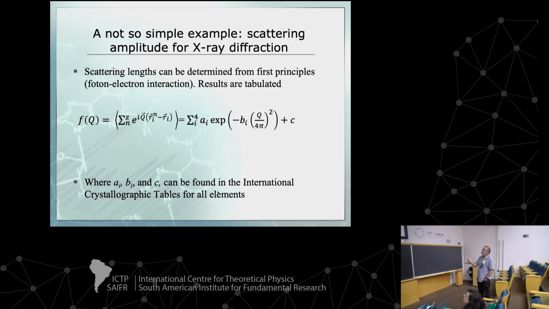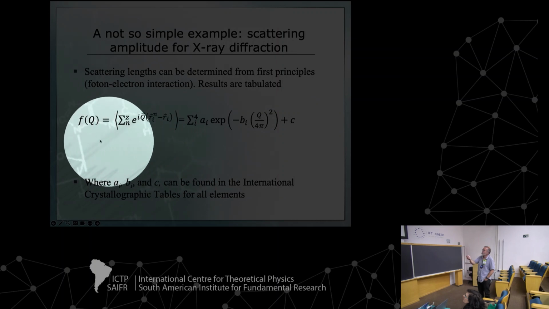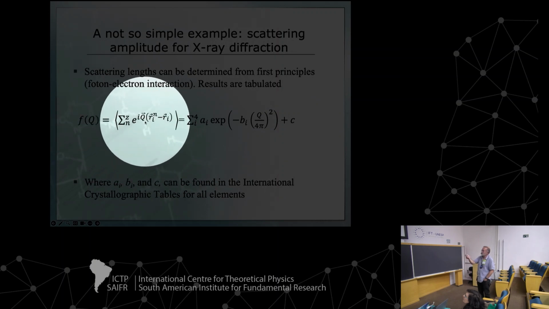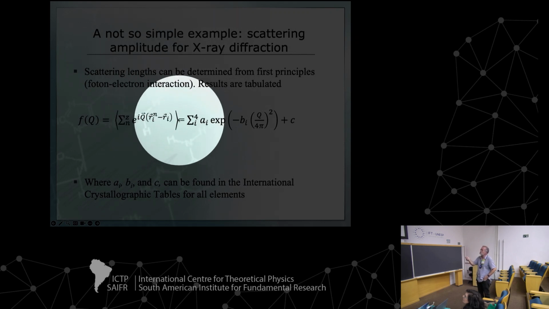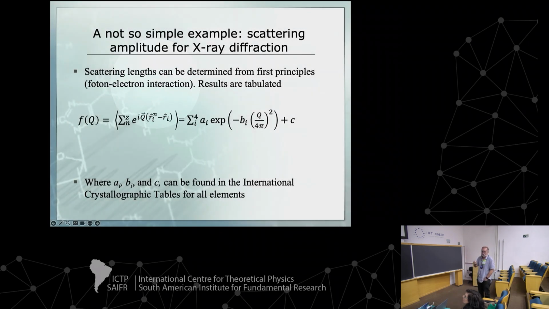Electrons. In electrons, things are nastier, because there you have this term, which actually represents the interaction of Q, the difference between the incident wave vector and the position of the electrons with respect to the center, right? And you have to perform the summation for all the electrons, taking into account that they move at the same time.